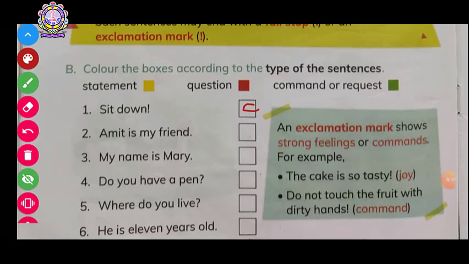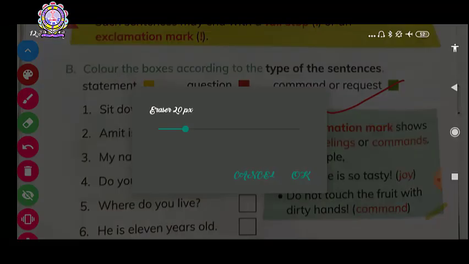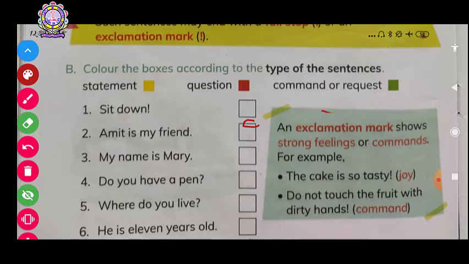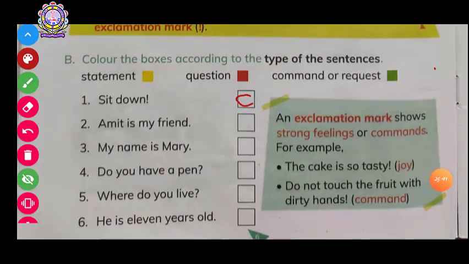Is it a question, a statement, or a command or request? Yes, it is your statement. My name is Mary. Now this is also giving information, right? So it is also a statement.